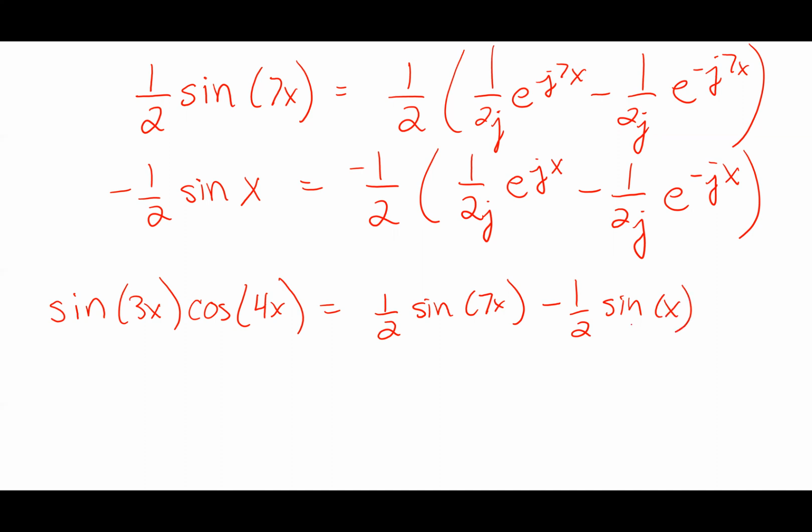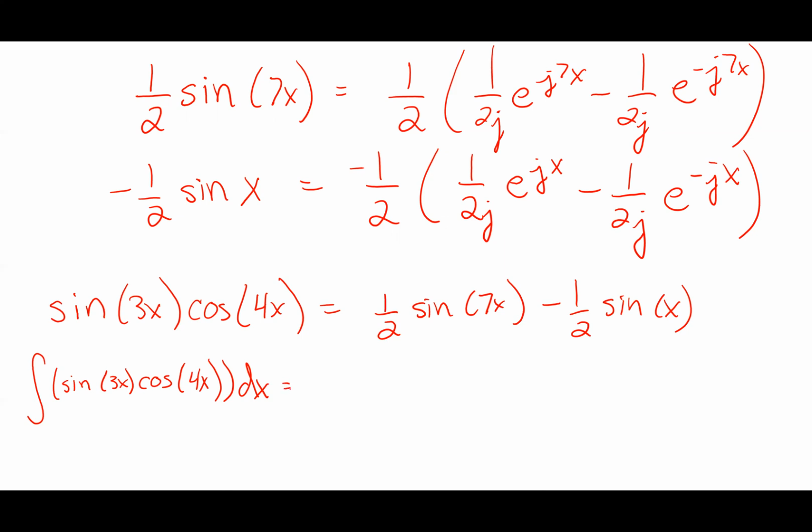Now, if I said, give me the integral of that whole thing, the integral of sine of 3x cosine of 4x, there's probably some trig identity or maybe integration by parts that you would use.